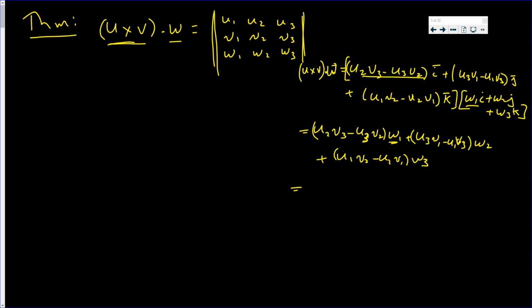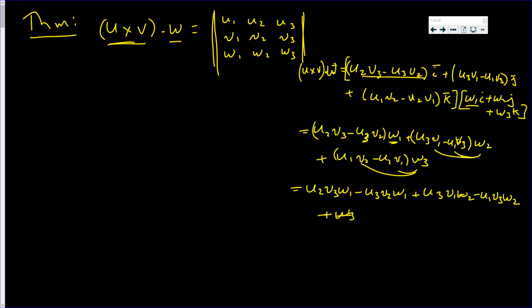Now let's distribute the W1. So you get U2 V3 W1 minus U3 V2 W1, and then we'll distribute the W2: plus U3 V1 W2 minus U1 V3 W2, plus, now we distribute the W3, U1 V2 W3 minus U2 V1 W3.